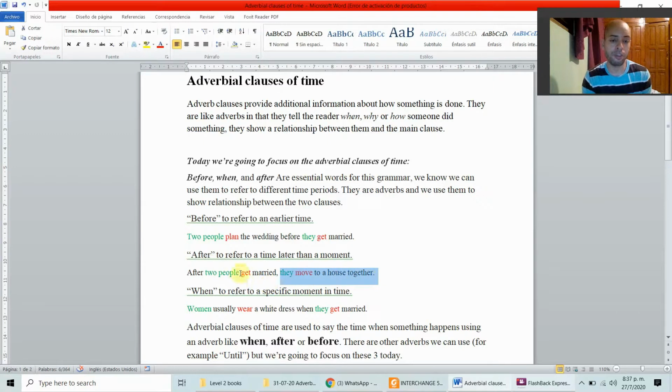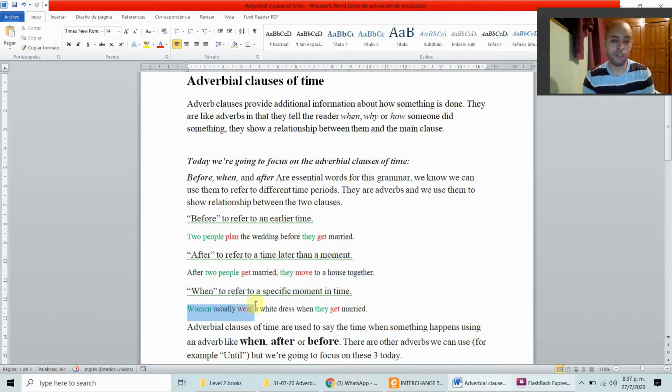But after two people get married, after they get married, in this case, remember the pronouns are used to replace other nouns. In this case, two people is being replaced by they. So they move to a house together after they get married, right? So this is the extra information we are giving about this part.